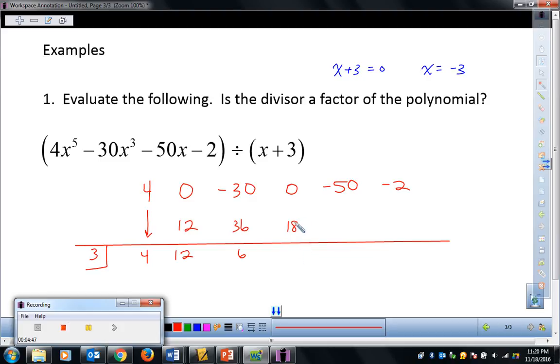Add above the line. 18 and 0 is just 18. Multiply below. 3 times 18 is positive 54. Negative 50 and 54, add those above the line, I get a positive 4. Multiply. 3 times 4 is 12. Negative 2 plus 12 is 10. This last number, whatever I get, whether it be a 10, 50, or 0, is the remainder.